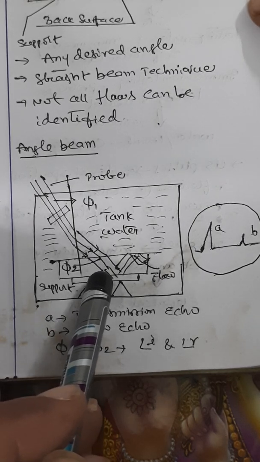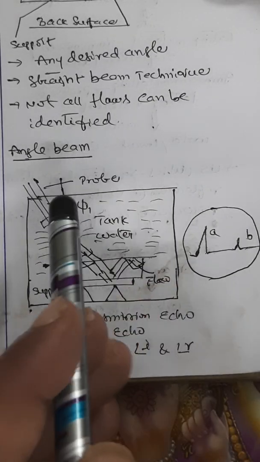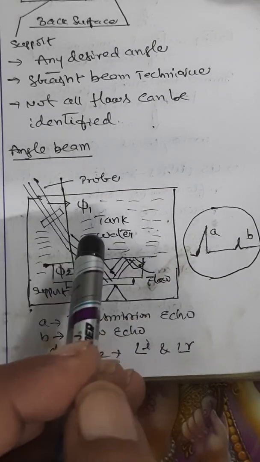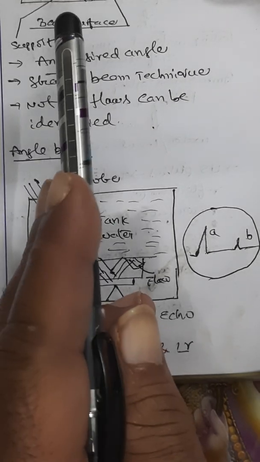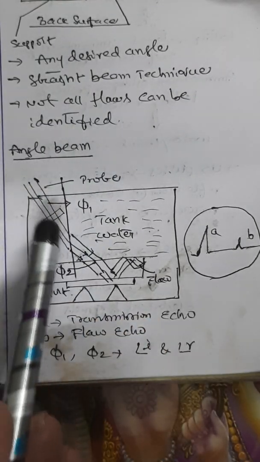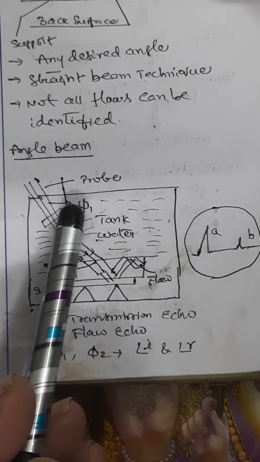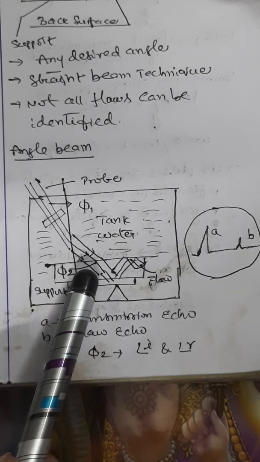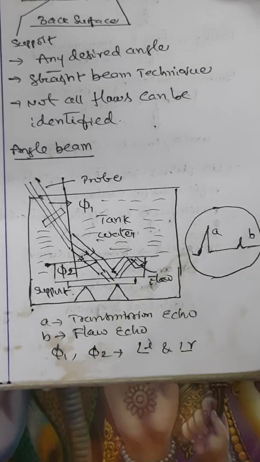So here what we need to understand is this technique helps us to identify certain types of flaws which are not possible in the earlier technique, based on the incident angle as well as the reflected angle. Here phi 1 is the incident angle, phi 2 is the refracted angle, and this A is the transmitted echo.